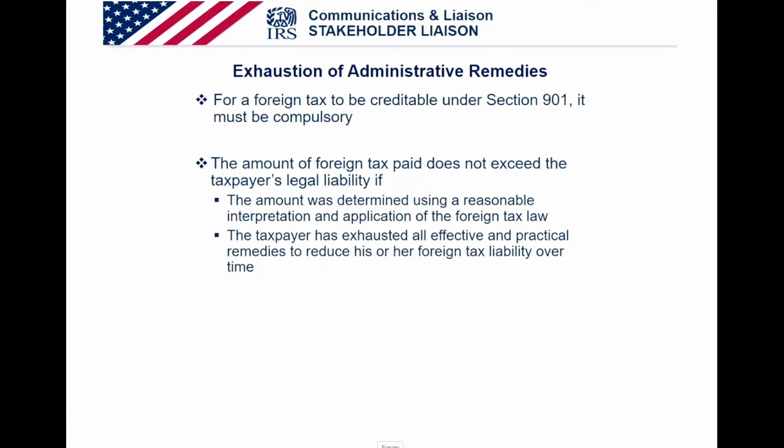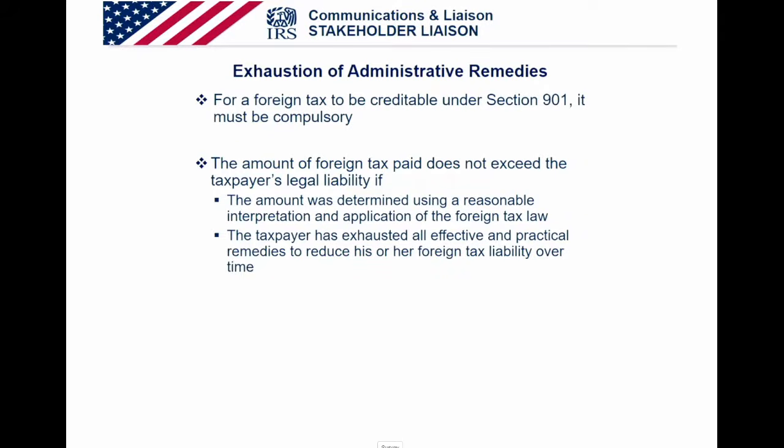Another example, if there is a controversy regarding the application of a foreign tax law, did the taxpayer do everything they could to mitigate the tax, including seeking legal advice, going to appeals, competent authority, or litigating the issue in court, etc.? A competent authority arrangement is a bilateral agreement between the United States and the treaty partner to clarify or interpret treaty provisions. Having said that, there is a caveat.